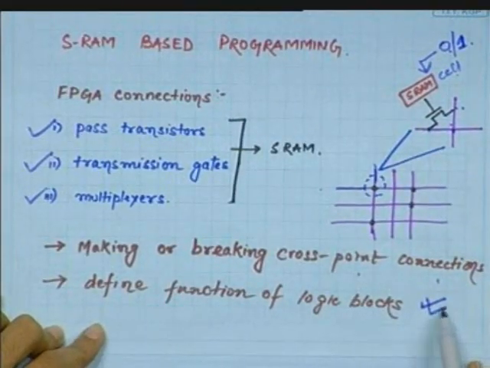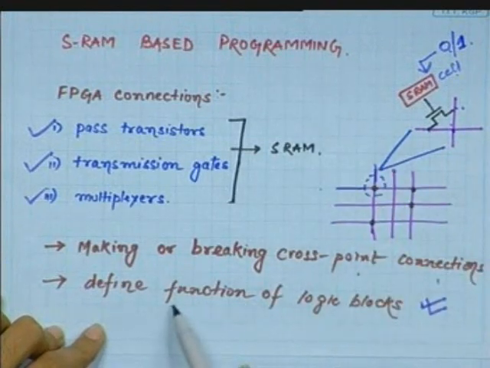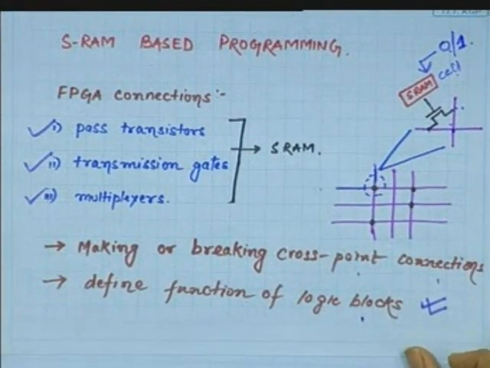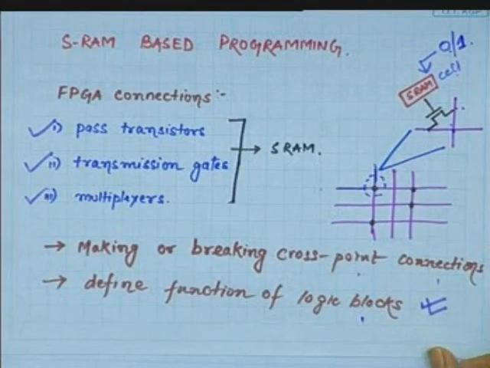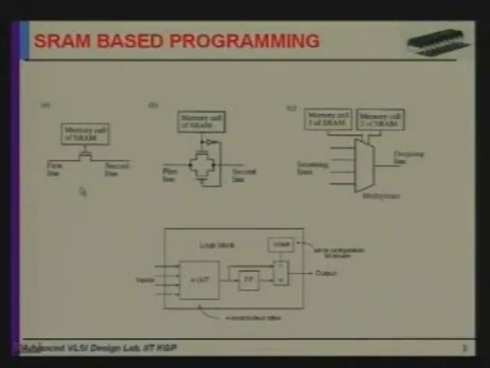We will see in a while how the function of logic blocks is programmed. Sometimes we have to make the output high impedance state. This is an SRAM cell, we will put a 0 there. Suppose we have to connect the first line and the second line, then we will put a 1 here. Similarly, a transmission gate can be programmed using an SRAM.